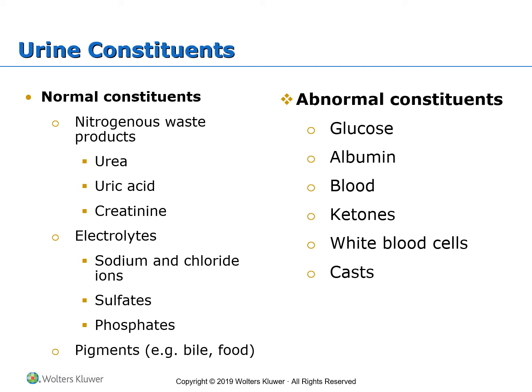In the same boat with albumin will be blood or any types of blood components, blood cells, and especially the red blood cells. Red blood cells are big, and we shouldn't see them filtered. Blood can be macroscopic, frank red blood in the urine, usually from a trauma or an injury to any part of the urinary system, from the kidneys to the bladder through the ureters, or it can be microscopic.